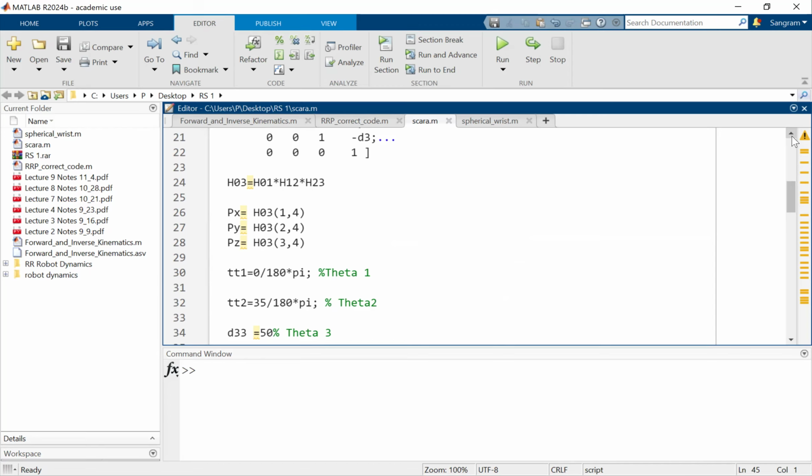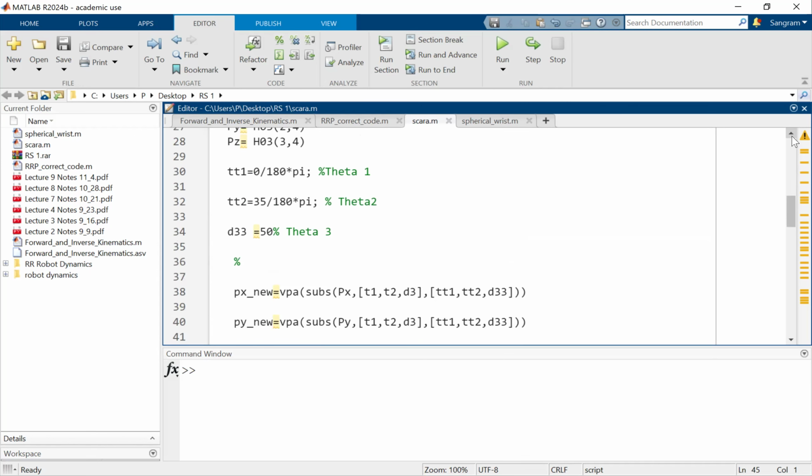So D33 is the displacement of the prismatic joint. Then I use VPA, which stands for variable precision arithmetic, substituting TT1 in place of T1, TT2 in place of T2, and D33 in place of D3.